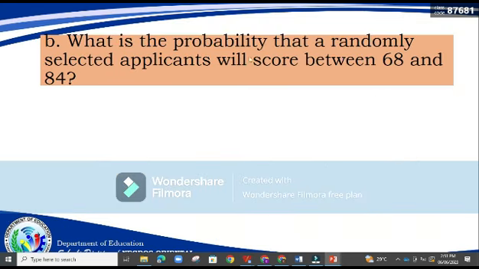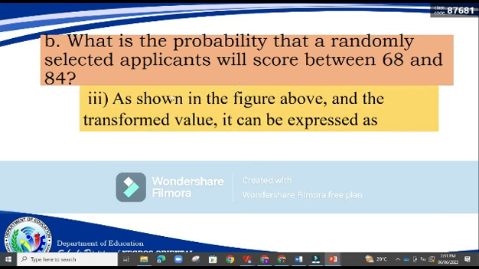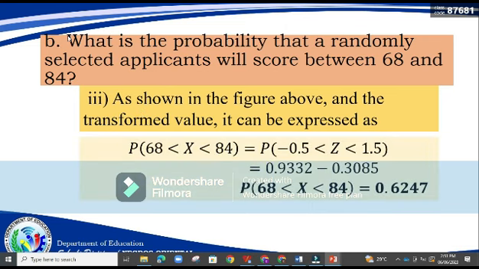Now, what is the probability that a randomly selected applicant will score between 68 and 84? As shown in the previous figure, it can be expressed as the probability when x is greater than 68 but less than 84, or the probability when z is greater than negative 0.5 but less than 1.5.